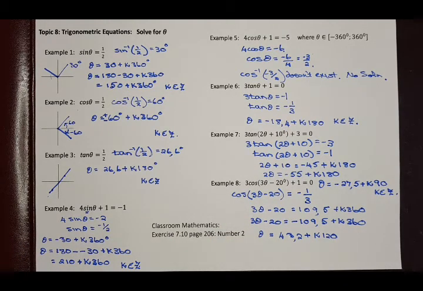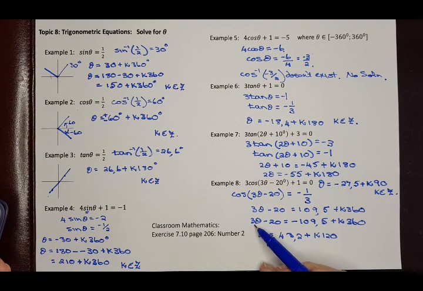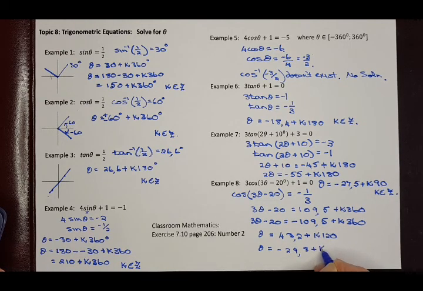In this case over here, I have minus 109,5, and I'm going to add 20 degrees. That gives me minus 89,5, and divide it by 3, and my theta value becomes minus 29,8 plus k, again 120, where k is an element of the set of integers.